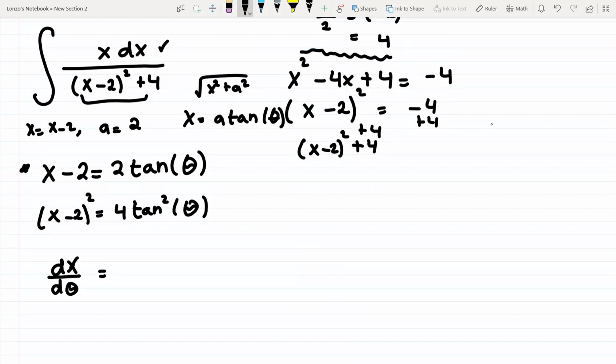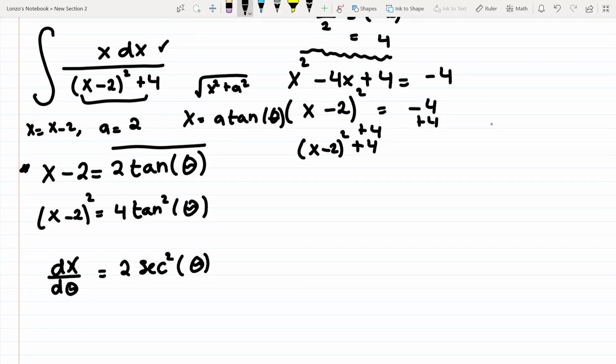On the right side, the derivative of 2 tan theta: 2 is a constant, so you can take that out, and the derivative of tan theta is secant squared theta. So the derivative of this whole thing is 2 secant squared theta.